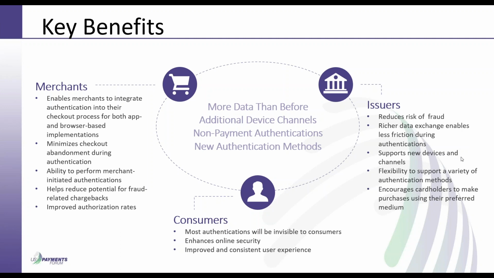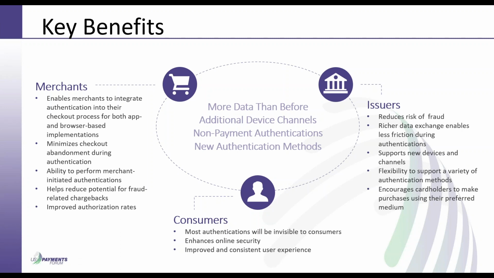Moving on to the issuer benefit. So issuers are able to verify the cardholder is who he or she says they are, and also reduce the risk of fraud. Issuers can feed a considerable amount of meaningful data into their risk engines and only interact with cardholders when fraud might be suspected.